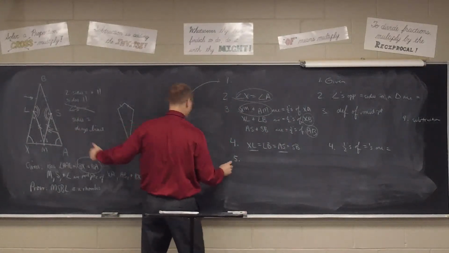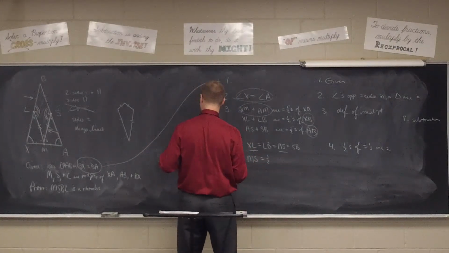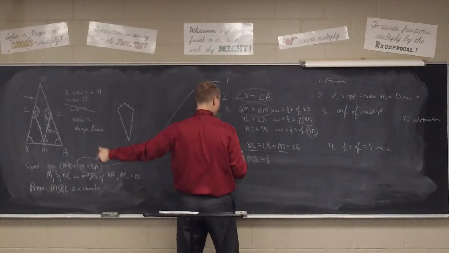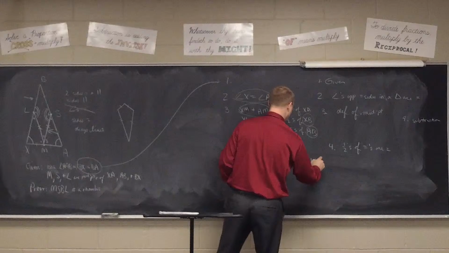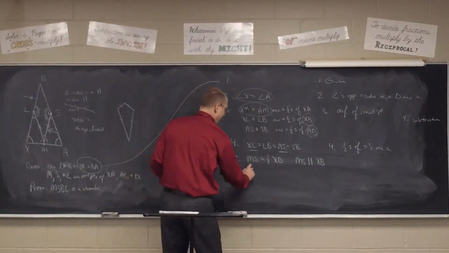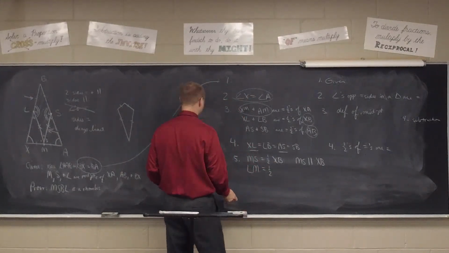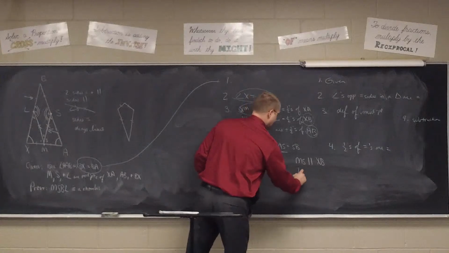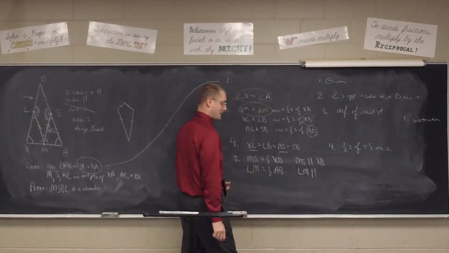So since MS is a no-name line, then MS is equal to half of XB, and MS is parallel to XB. And since LM is a no-name line, class, it's equal to half of AB or BA, and LM is parallel to AB.